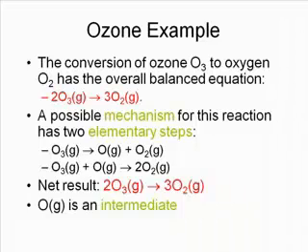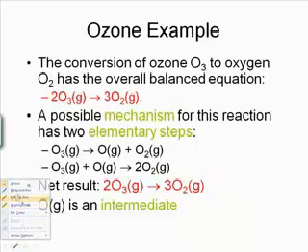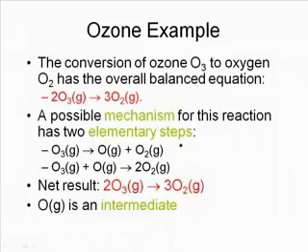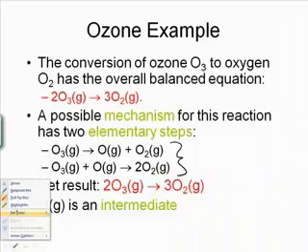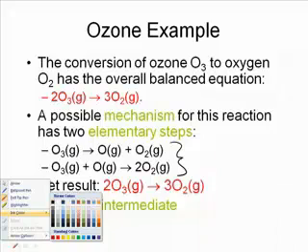So let's take a look at an example here. Here we've got ozone decomposing into oxygen molecules, and it proposes a possible mechanism that consists of these two steps. And so here are my two steps. Let me make it red.